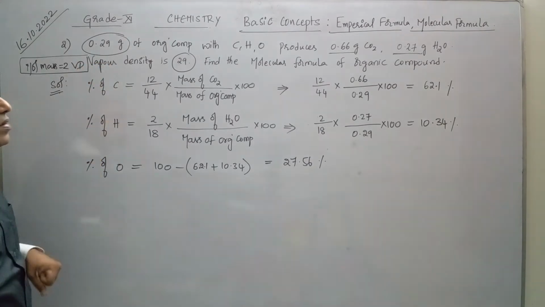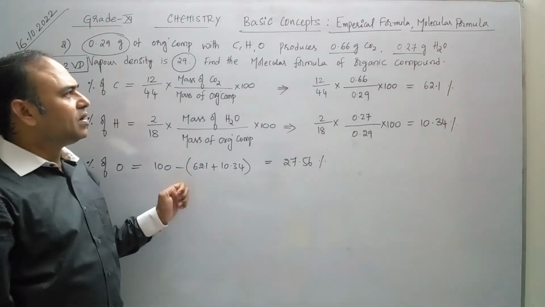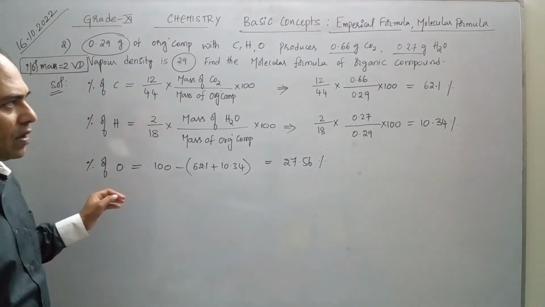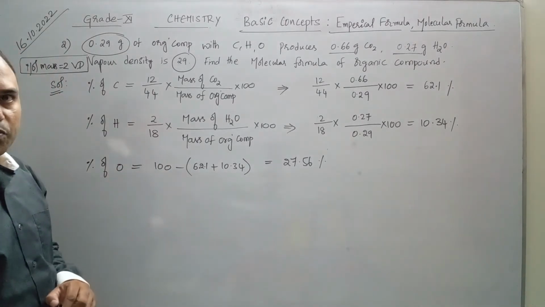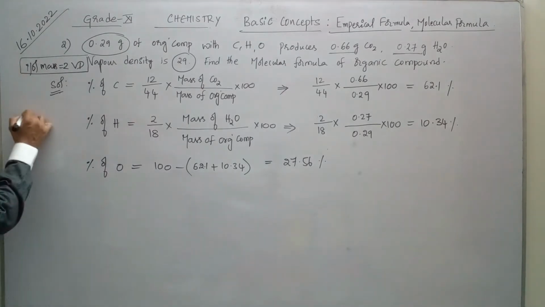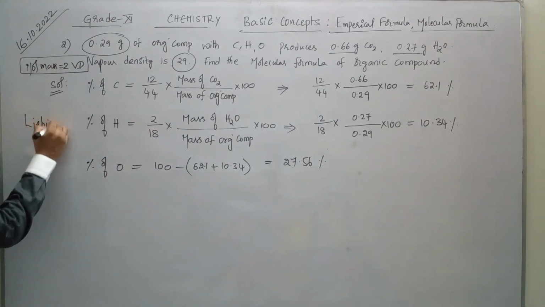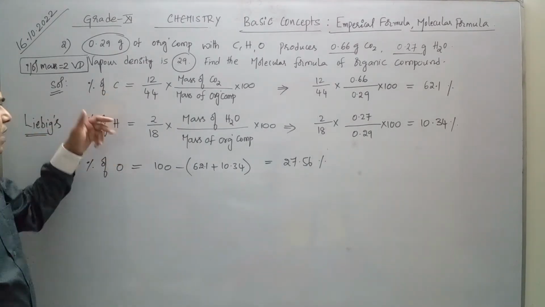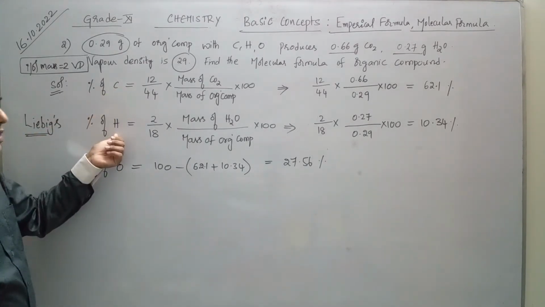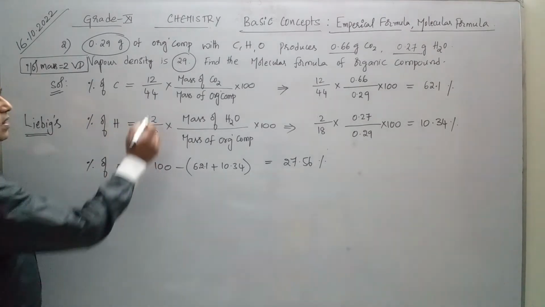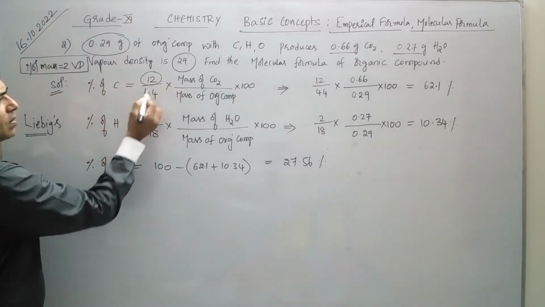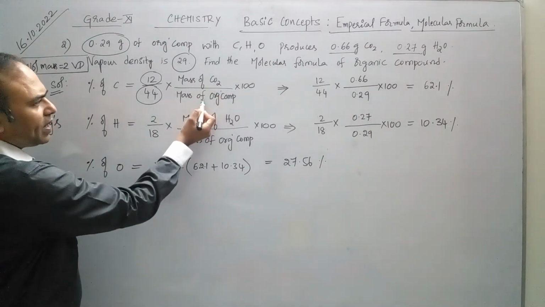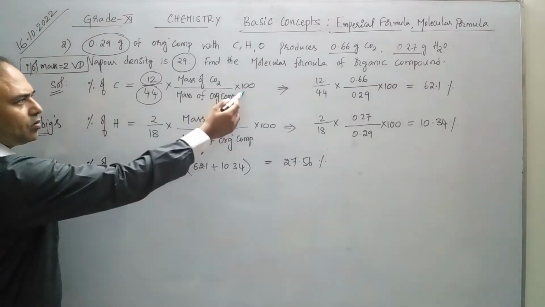Now the question is, they didn't mention any percentage of carbon, hydrogen and oxygen. In such cases, we need to calculate. Earlier, through Liebig's method, we obtained the formula for the percentage of carbon and percentage of hydrogen: atomic mass of carbon by molecular mass of CO2 into mass of CO2 by mass of organic compound into 100.